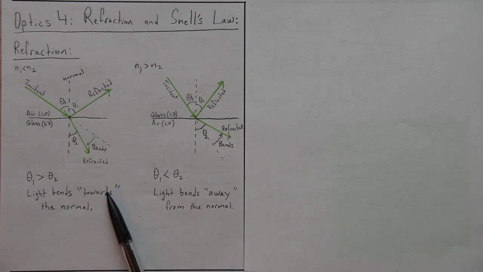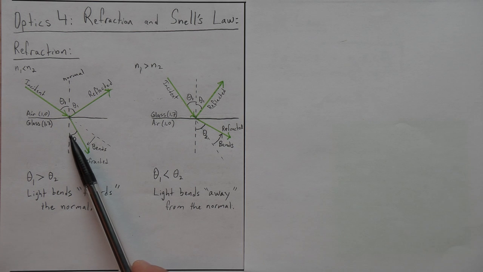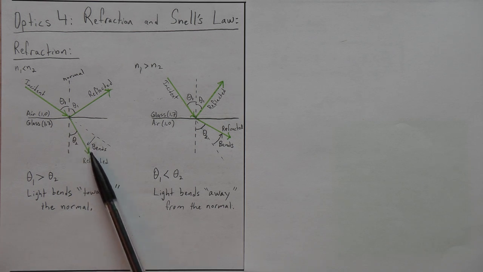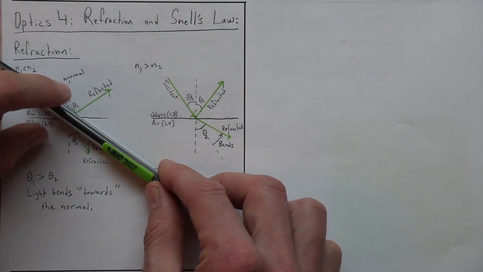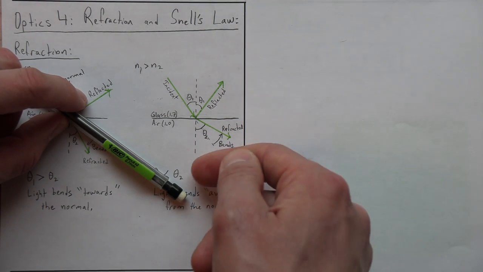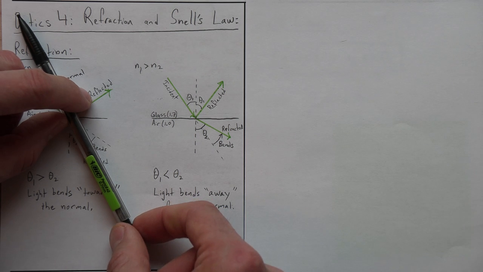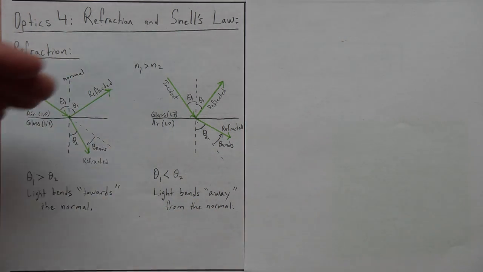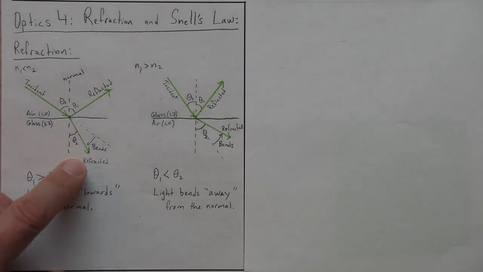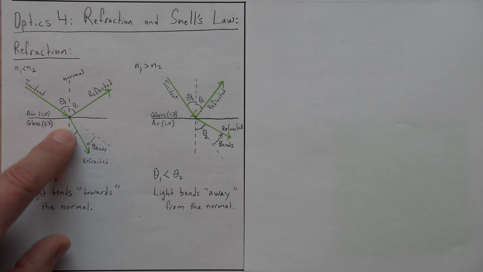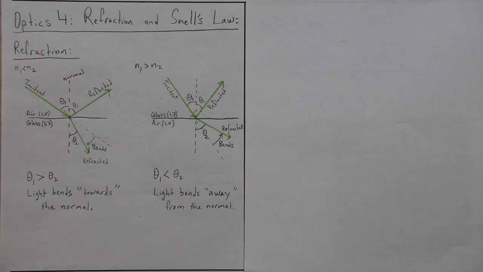It's still moving away from the normal. Here's the normal, and as it's moving, it's going further and further away. What I'm saying is that if the light were like a wire, you take it and you bend it like this, and that's how it travels. So it gets distorted a little bit in the direction of the normal. This is what we call the refracted ray. It's at a different angle, a smaller angle than in material 1.